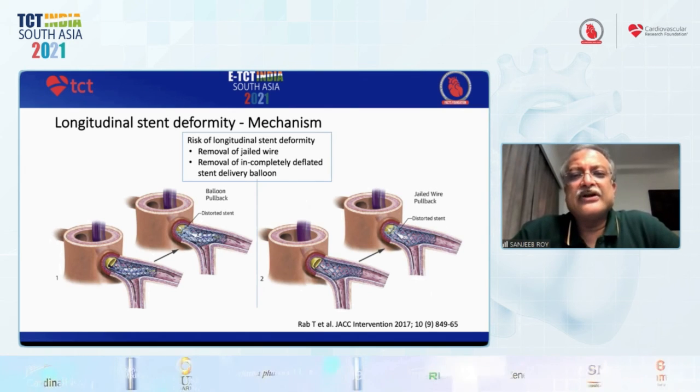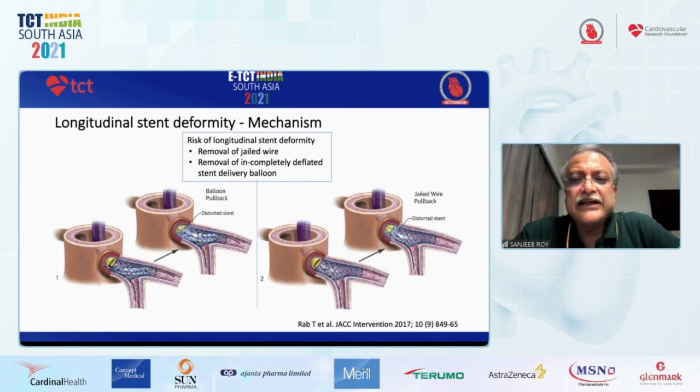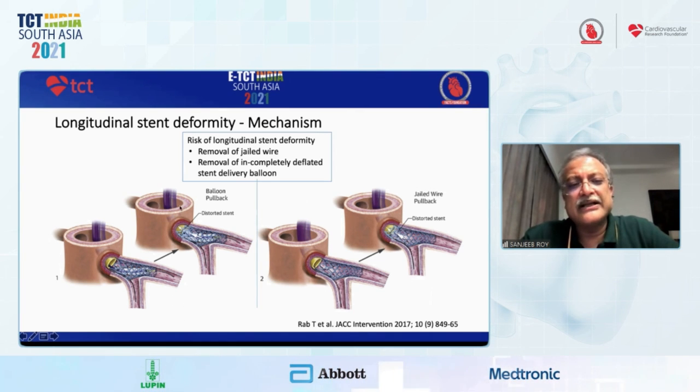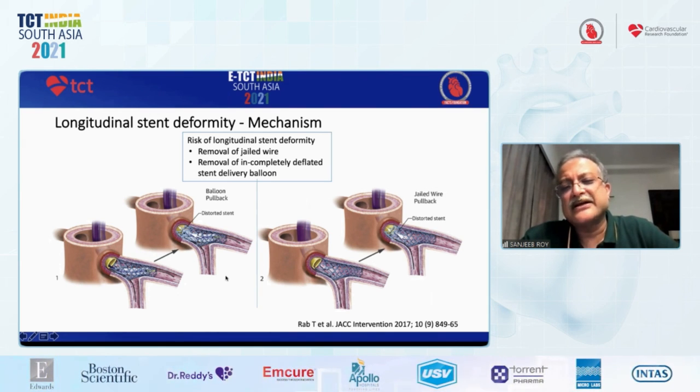Also, there can be a stent deformity. This happens when we try to remove an incompletely deflated stent balloon into the catheter. Often the guide hits the stent and deforms the stent, especially the two connector stents. And also, if we are doing a left main-like disease, when we try to remove the jailed wire, again the guide catheter, if we are not careful, moves ahead and hits the stent and causes the deformity.